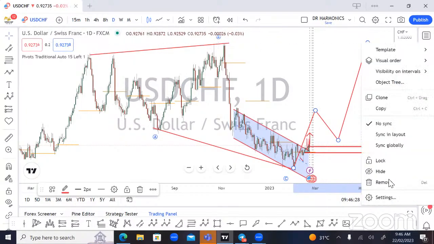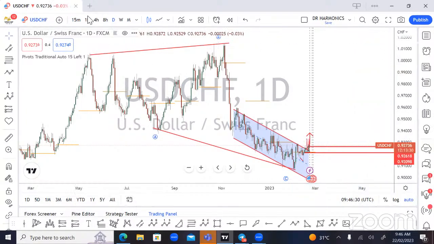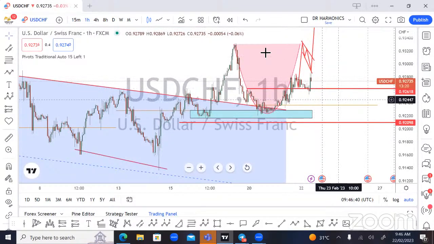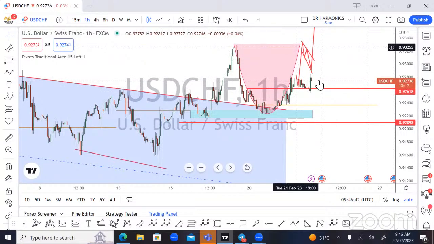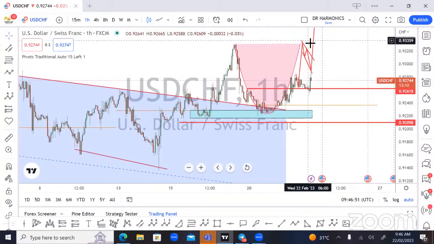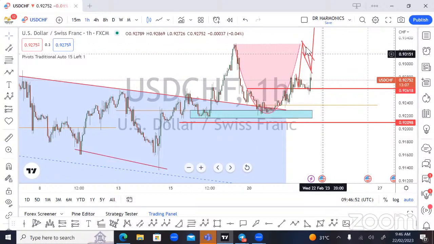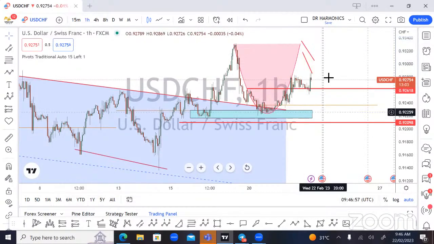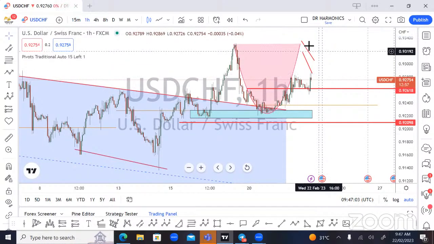Now on the lower time frame, I'm expecting a cup and handle formation to take it to the top.